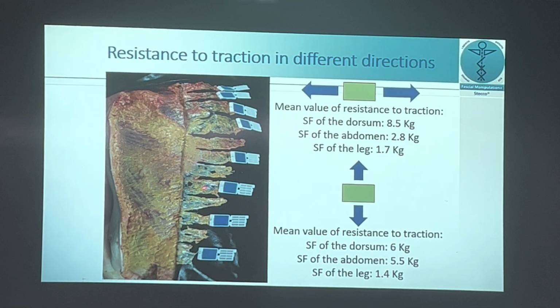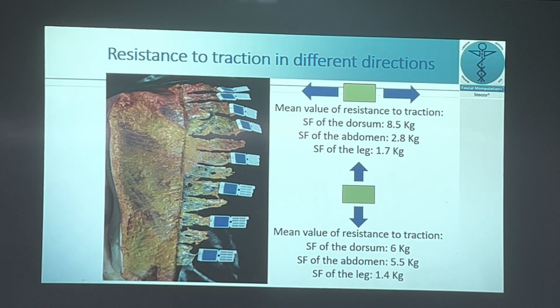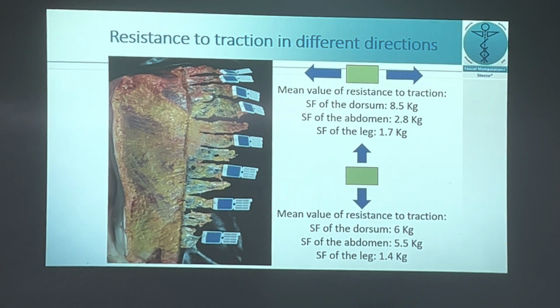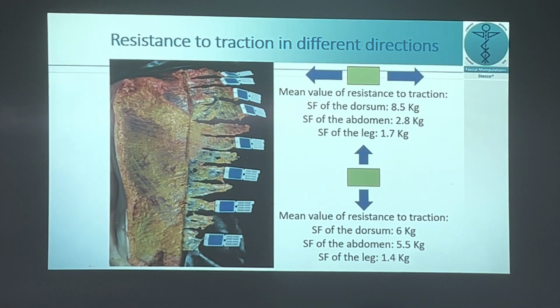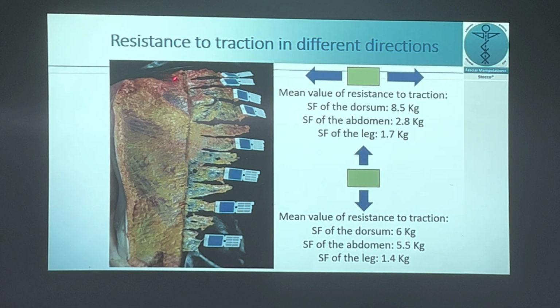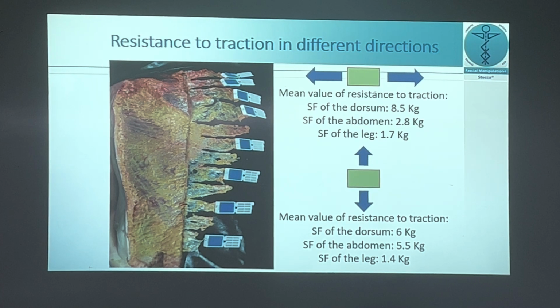Resistance. Look, 8 kilograms. We're talking about 20 and more pounds of resistance. And it is more resistant at the top of the chest rather than the lower part, because right here, this is the trapezius, full of vessels. Because there are a lot of vessels, the superficial fascia right here is even more resistant than the epimysial fascia, the deep fascia over the trapezius.